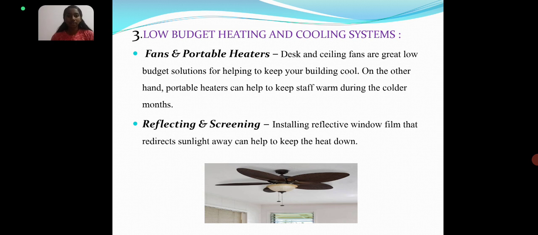Reflecting and screening: installing reflective window film that redirects the sunlight away can help to keep the heat down. So in this picture we can observe the ceiling fan, which helps to keep the temperature of the building cool, which is installed in every individual house, and it is low budget.